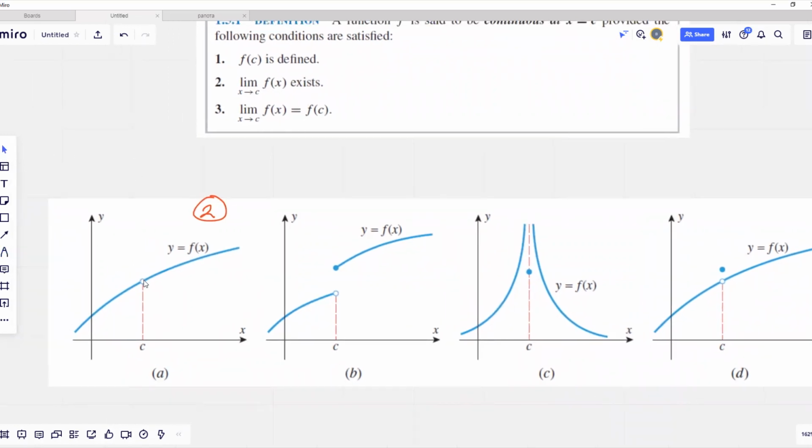However, we can easily fix that by plugging in a value at that missing point c. This discontinuity at point c is also called a removable discontinuity.